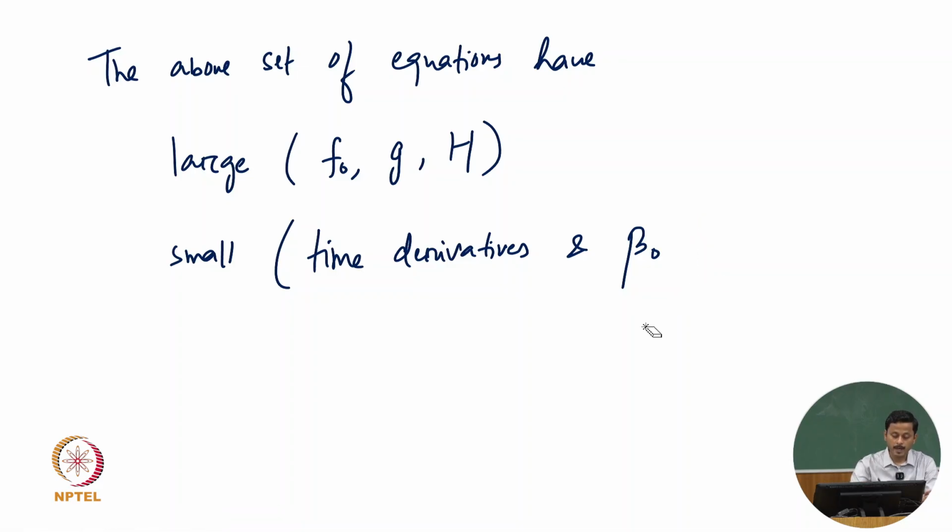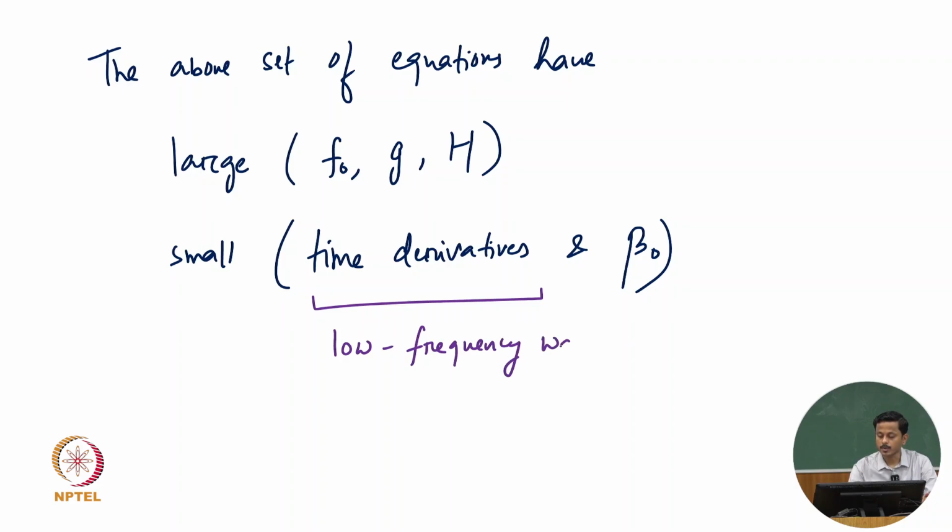The fact that we take the time derivative to be small means we are looking at systems which are changing very slowly. So these are low frequency waves. So we are concentrating our analysis on low frequency systems or waves.